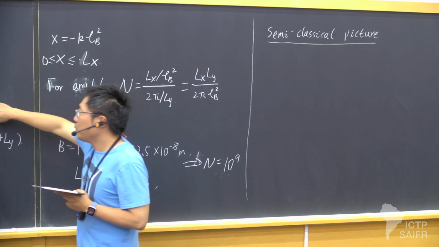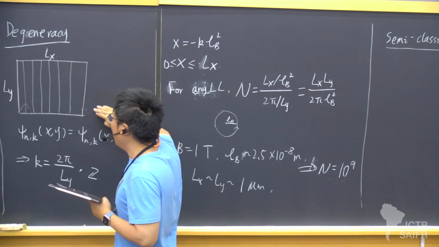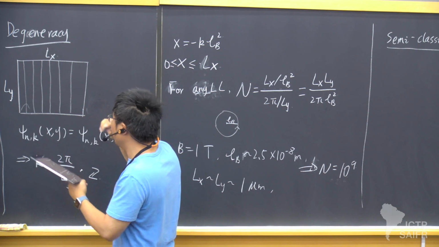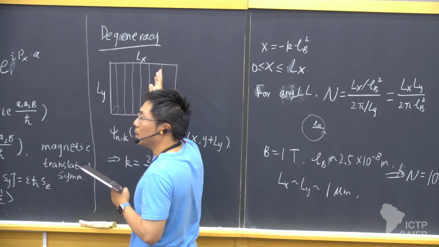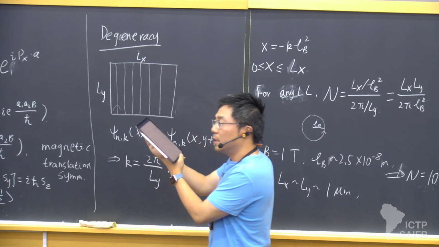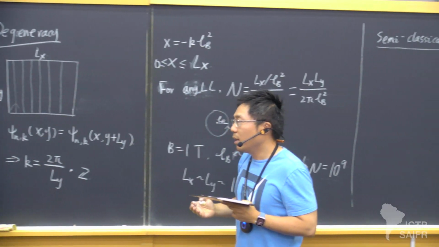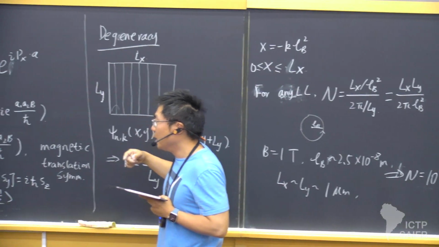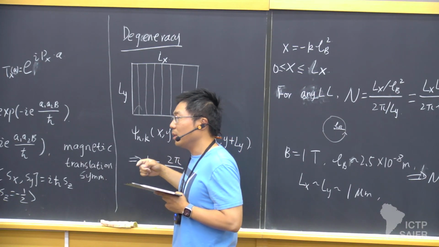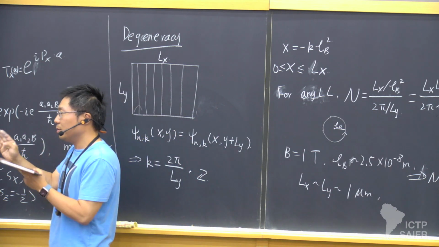To really talk about the exact degeneracy, what you can do is have a periodic boundary condition along the x direction, such that you have a torus. There you can compute the exact wave functions of Landau levels, because you need to take care of those boundary conditions.